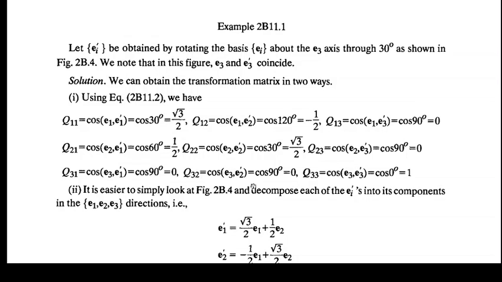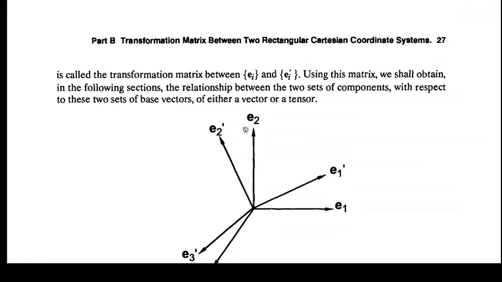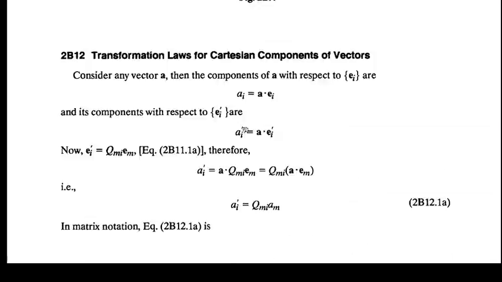Simply you need to calculate 9 components. What is Q11? It is the cosine of the angle between E1 and E1 dash, which is 30, so cosine 30 is this. Q12 is the cosine of the angle between E1 and E2 dash. You can see E1 and E2 dash.